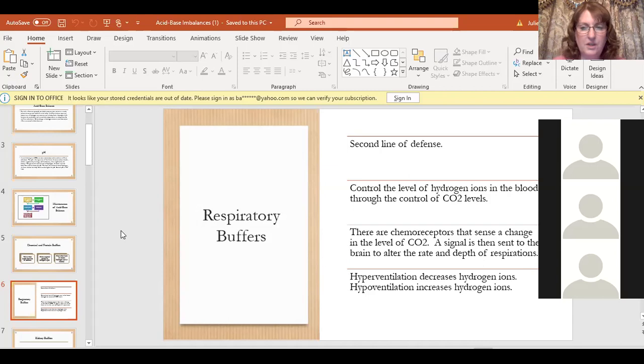So those are the two things that would happen with the respiratory buffers, depending on what you have going on. Another thing I wanted to mention here: if your respiratory system is the source of the pH alteration, then it loses the ability to correct the problem. So if you have, I don't know, pneumonia or something like that going on, your lungs aren't going to be able to kick in to fix that, because you already have an issue with your lungs.